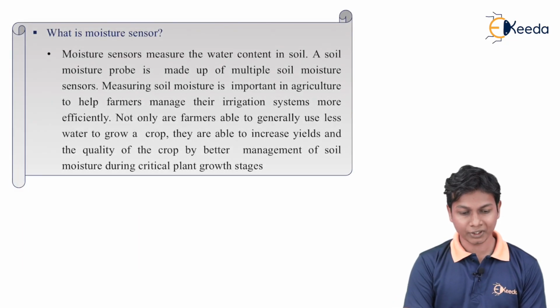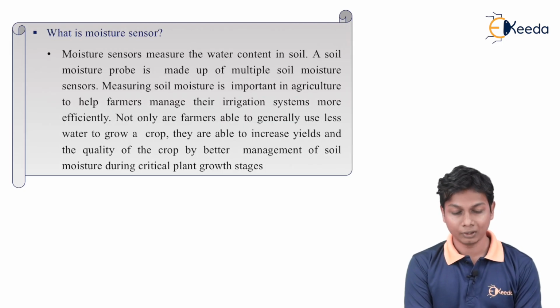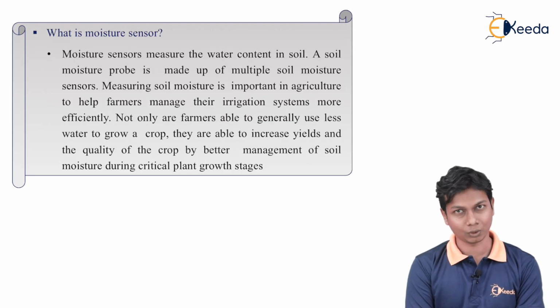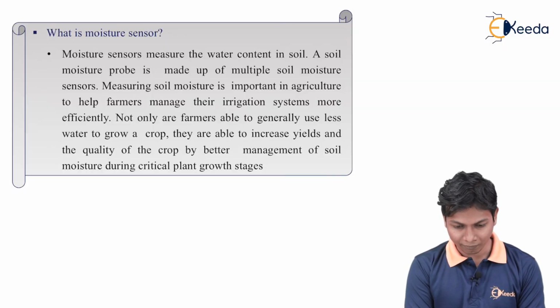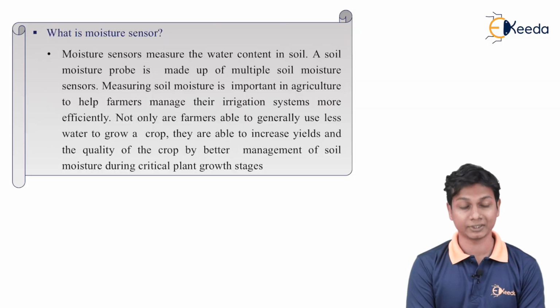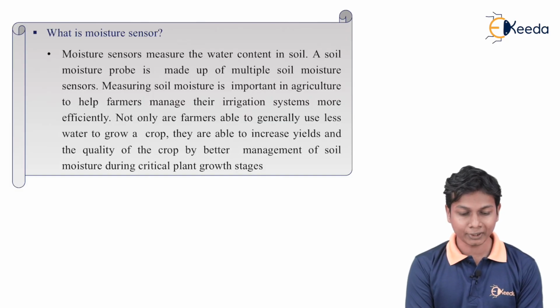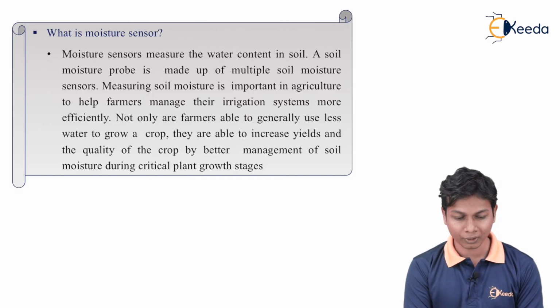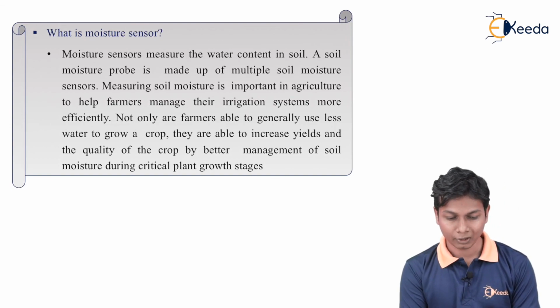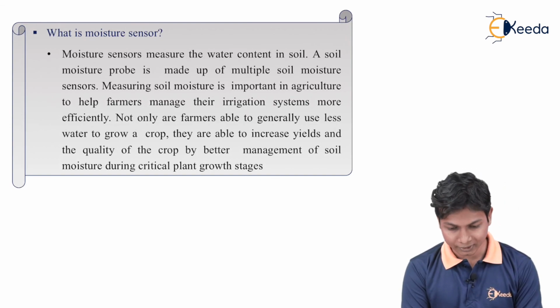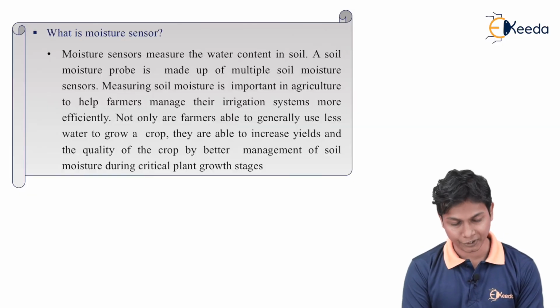Now the moisture sensor measures the water content of soil. A soil moisture probe is made up of multiple soil moisture sensors. Measuring soil moisture is important in agriculture to help farmers manage their irrigation systems more efficiently.